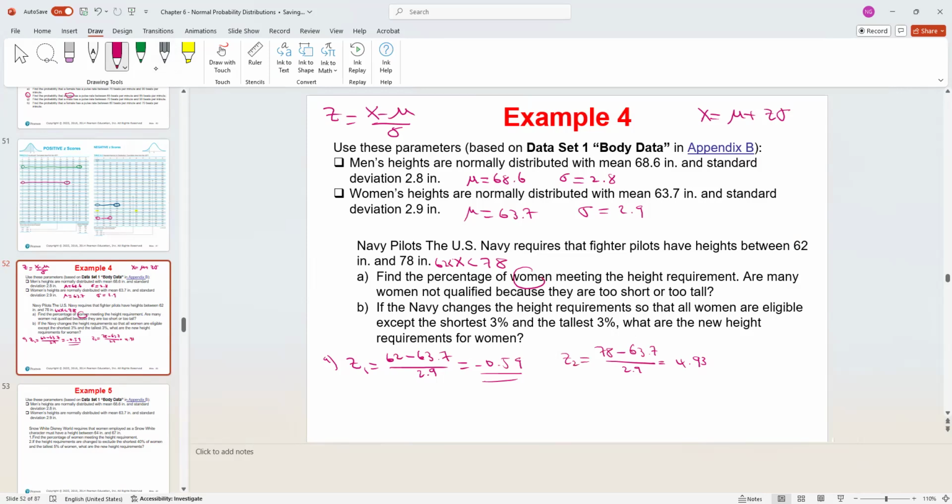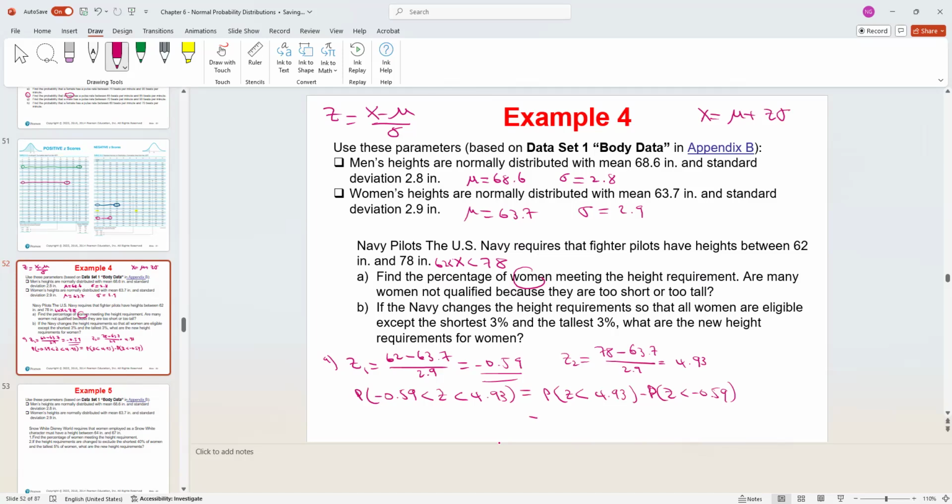Remember, to find this, we're going to find probability that Z is between negative 0.59 and 4.93. That means probability that Z is less than 4.93 minus probability that Z is less than negative 0.59.